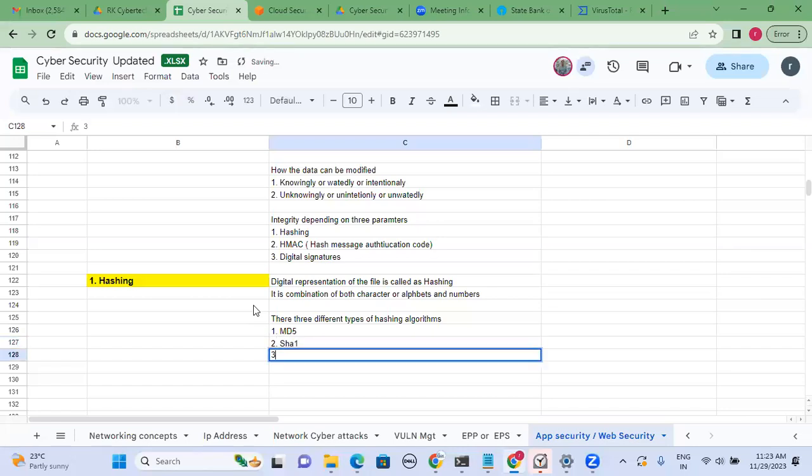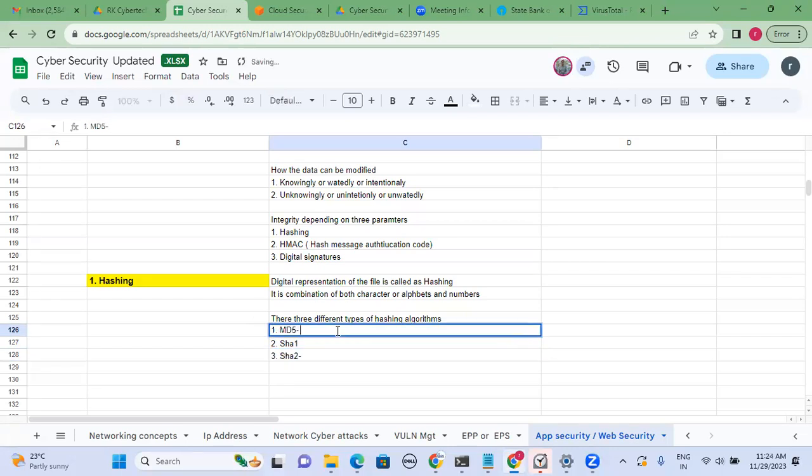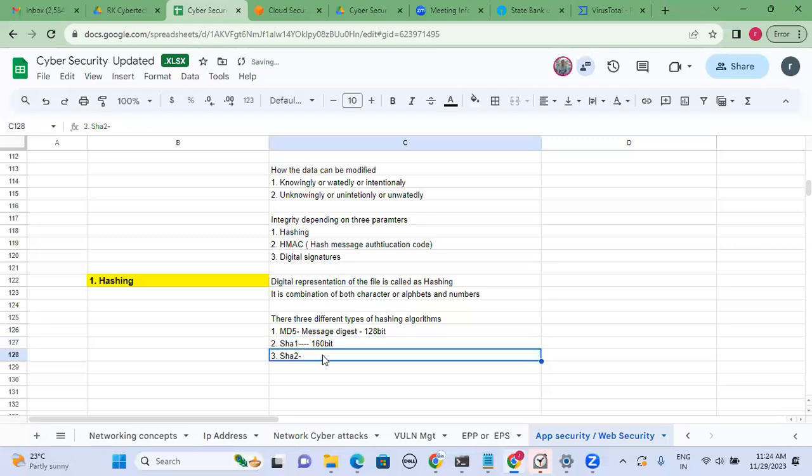Next one, SHA-2 or SHA-256. MD5's full form is message digest, and its bit size is 128 bit. SHA-1 bit size is 160 bit, the length of the data. SHA-2 is 256 or 512.